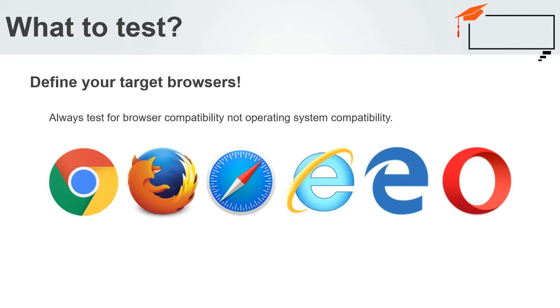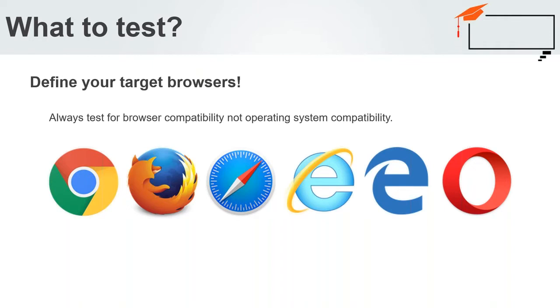Okay, so let's jump right in with the question on what do you really need to test. Before, in an ideal world, you would define your target browsers even before you write the first line of code, and before you do any design with the customer, because it's much easier to develop for a browser than to extend the website to support a browser after the fact.